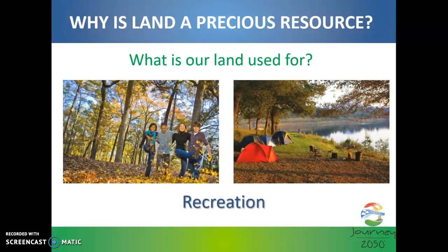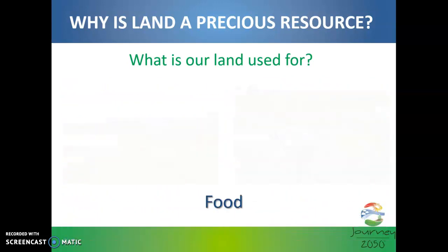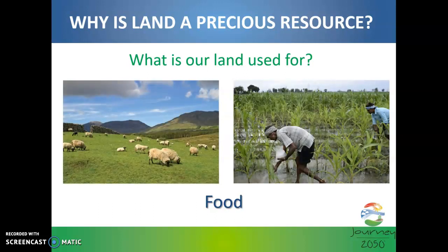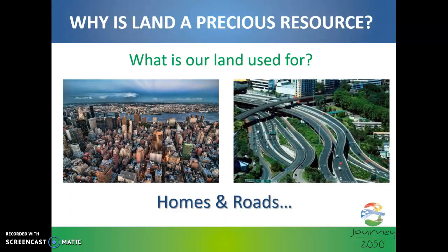So what do we use our land for? Well, we use it for recreation, to spend time outside, camping, fishing, just going on a walk or a hike. We use it to produce our food, which is what we talk about so much in here. That land is needed to produce food for a growing population. We use it for our homes, for the roads that we travel on.